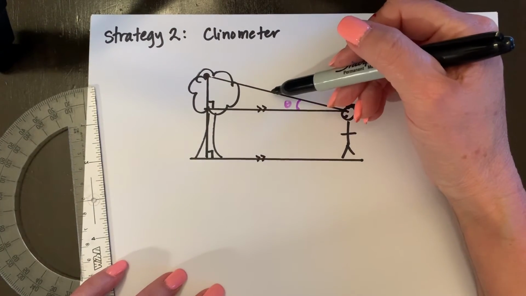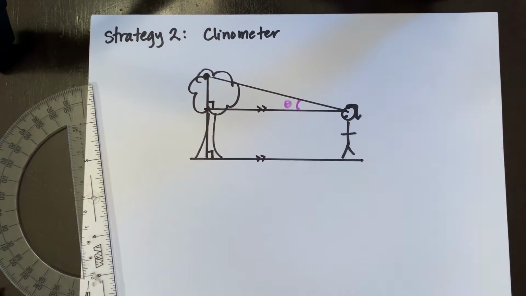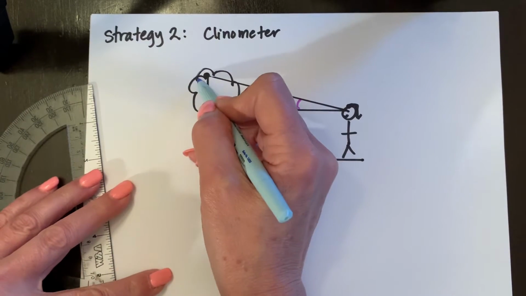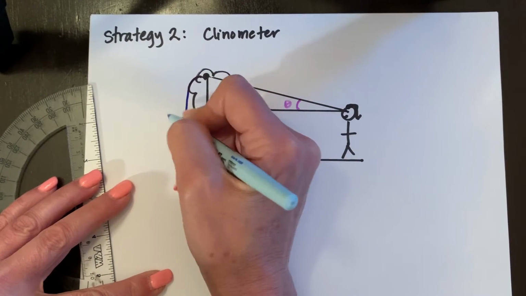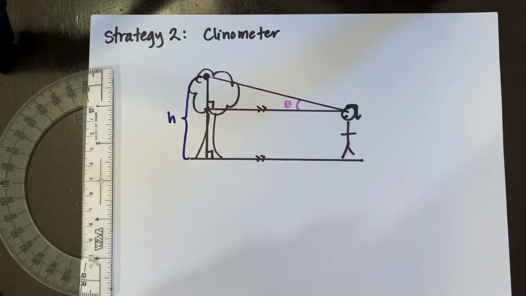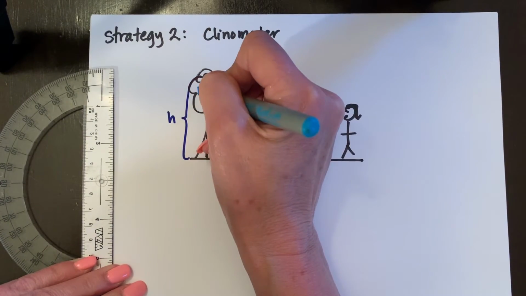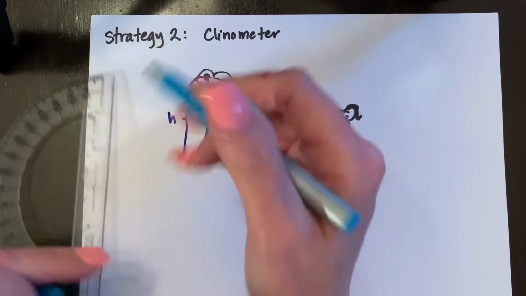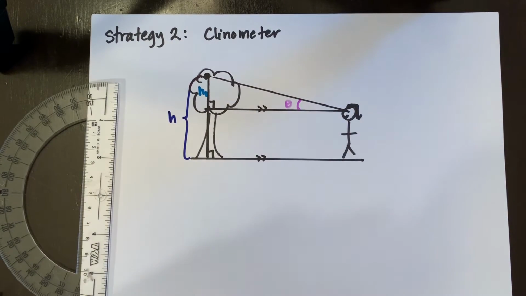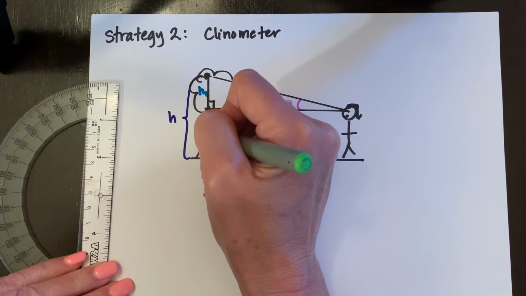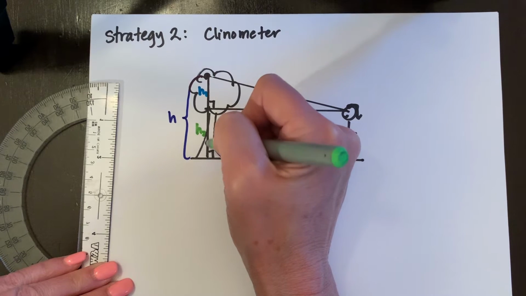And so now we have a right triangle, and we can see that in order to figure out how high this orange is, we actually need to calculate 2 different heights. First of all, the height of my right triangle, and then secondly, this distance here.